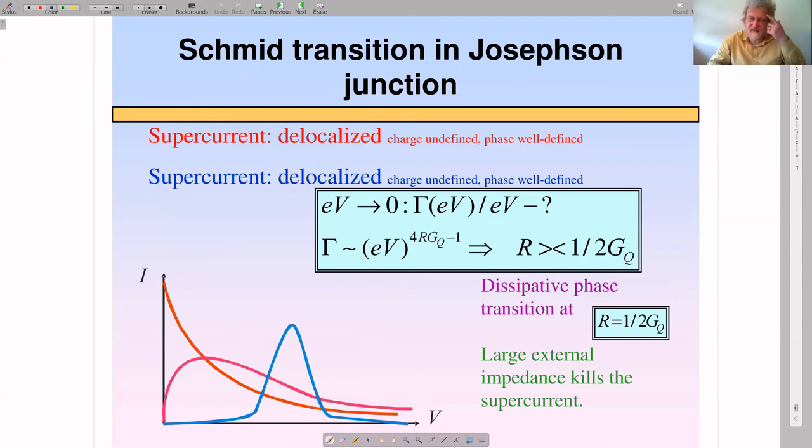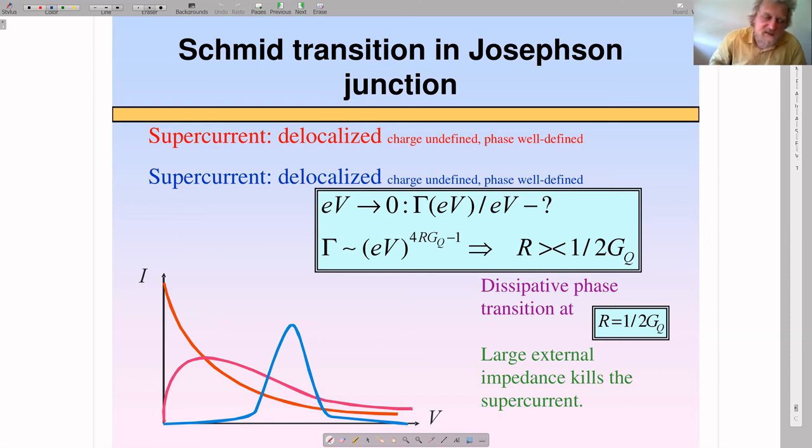Let us now understand how the Schmid transition is manifested in a Josephson junction, in terms of localization and delocalization in charge or phase space.